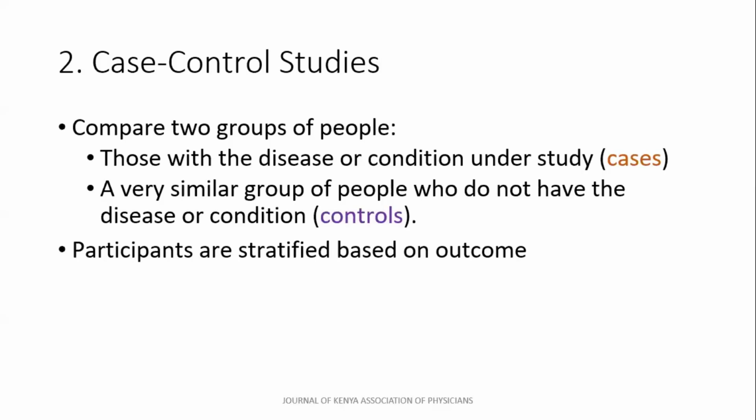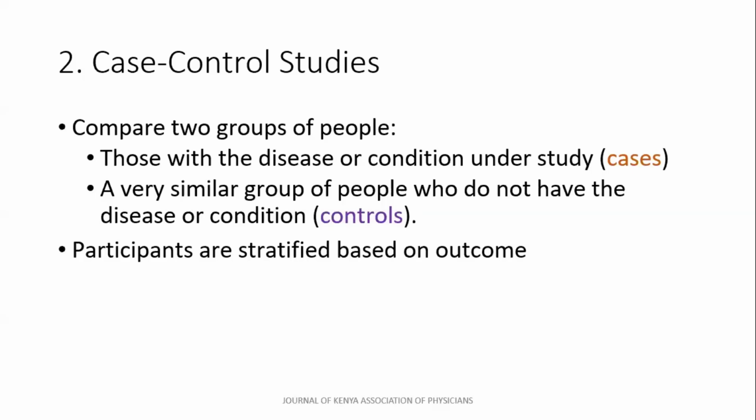And now participants are stratified based on the outcome. So cases have the outcome, controls do not have the outcome. And then now after that stratification, researchers now study either the medical or lifestyle histories of the people in each group to learn what factors may be associated with the disease or condition of interest.